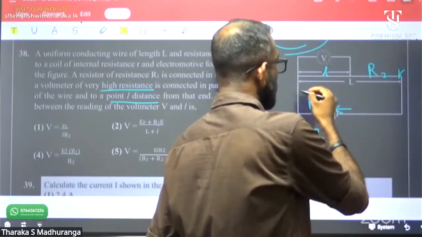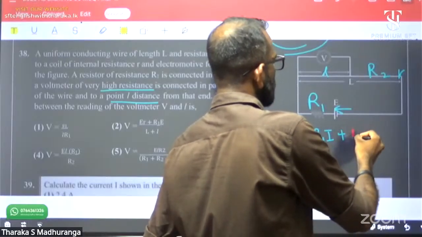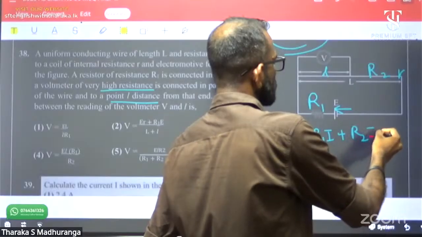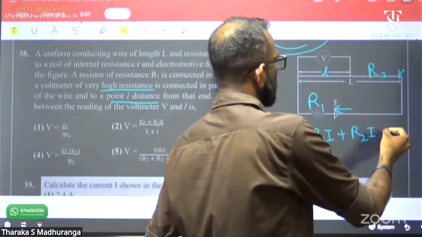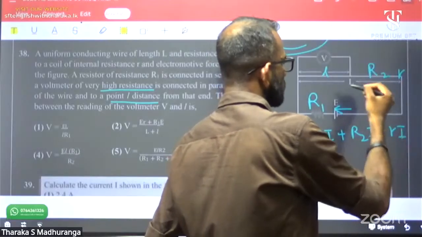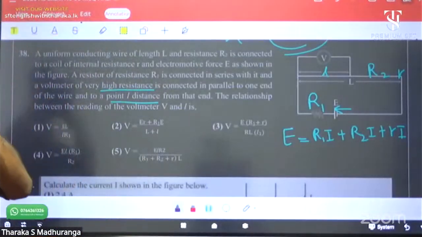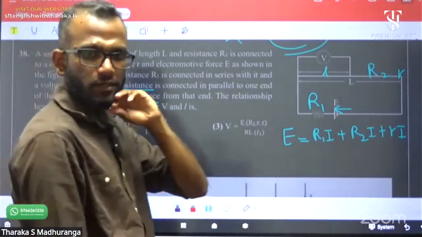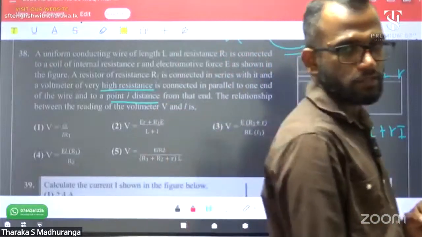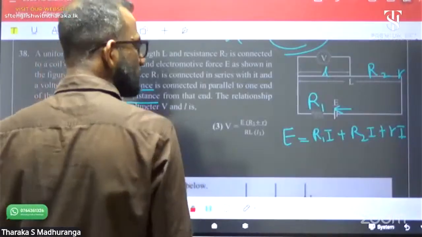The current I, plus R2 I plus simple R I. Okay, that's the equation. Very good questions. Okay, Kirchhoff's law, that's the maximum.